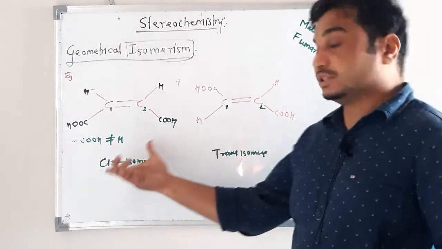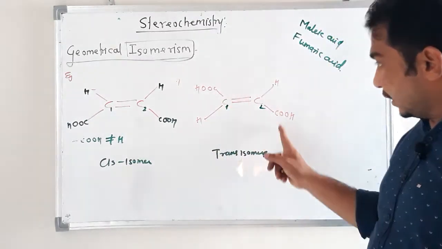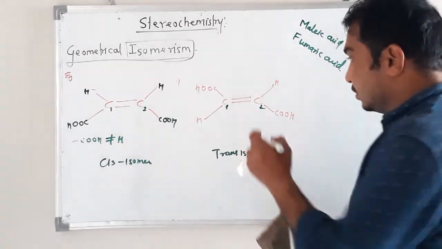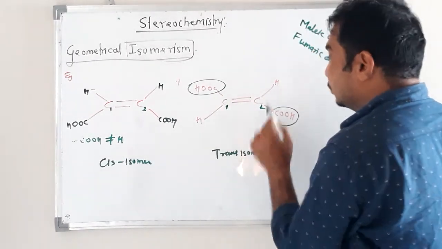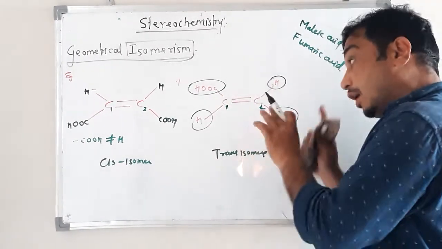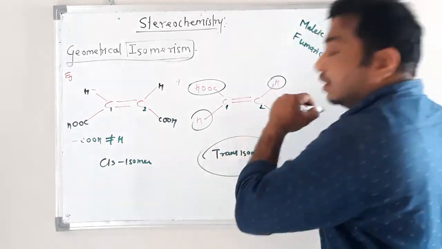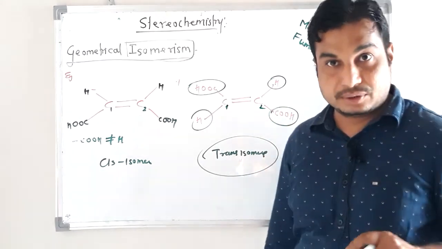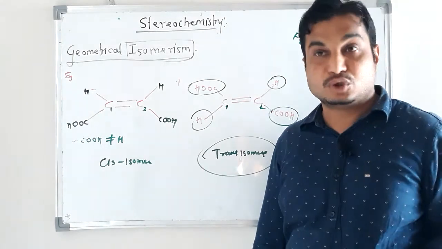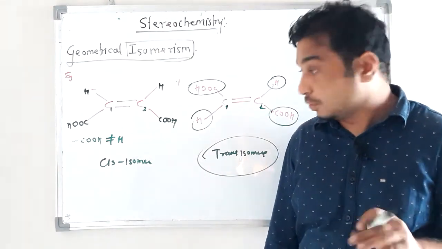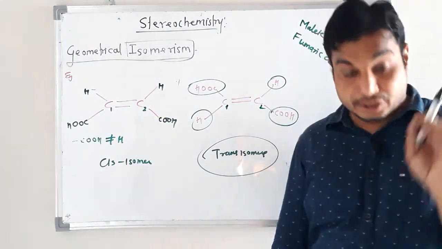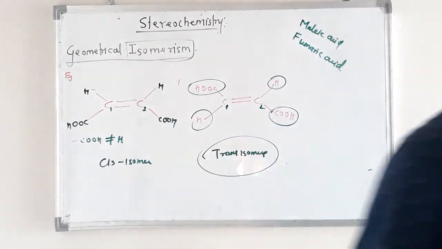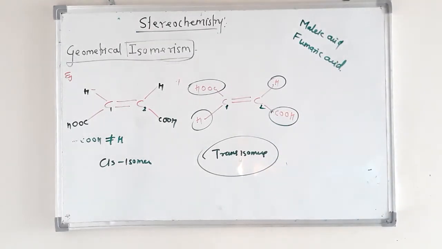So this is cis. And if identical groups are on opposite sides, carboxyl group and hydrogen on opposite sides, then that is called trans isomers. These cis and trans isomers have different physical and chemical properties. So this is cis-trans isomerism.